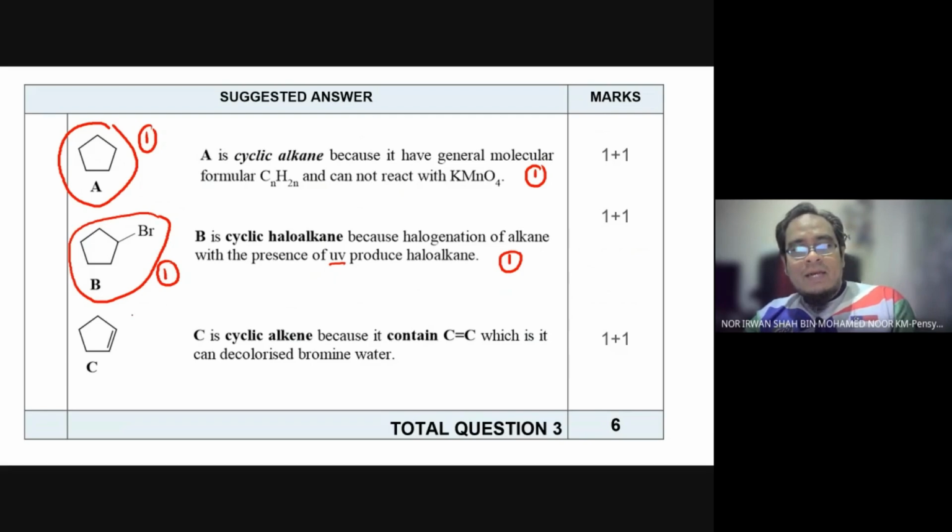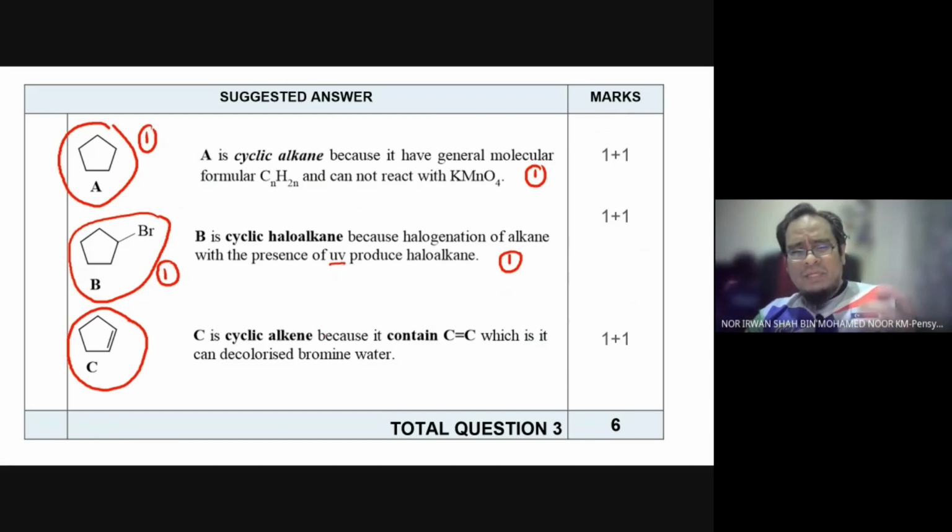Markah yang kelima, inilah tadi kan, structure C tadi. So C adalah cyclopentene. Okay, and then you all bagi explanation lah. Kenapa C adalah cyclopentene? Sebab C yang pertama, C adalah cyclic alkene. Dan yang kedua, sebab compound C ni ada carbon-carbon double bond. Dan yang ketiga guys, kenapa C ni saja?